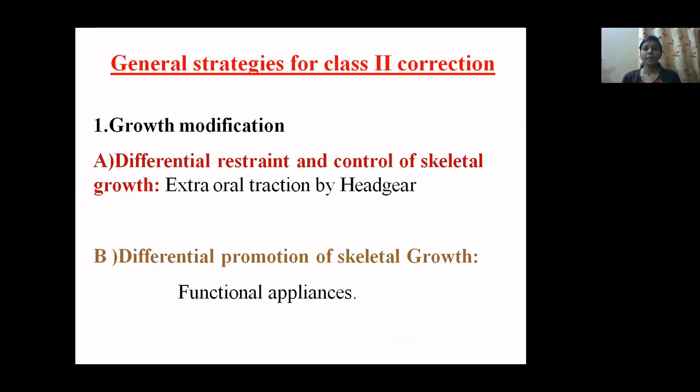So general strategies for class 2 correction involve, as I said, growth modification procedures, orthodontic camouflage and orthognathic surgery. In growth modification procedures, we can go for differential restraint and control of skeletal growth by extraoral traction with headgear. Differential promotion of skeletal growth can be done by functional appliances.